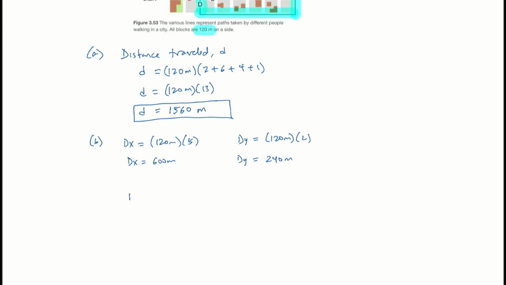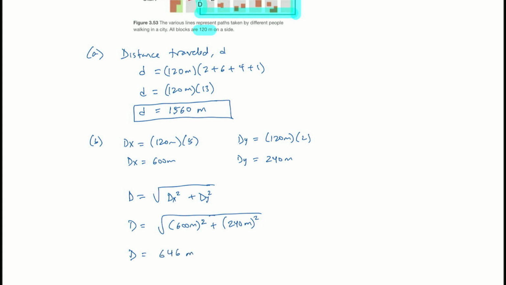Okay, the magnitude of D is the square root of dx squared plus dy squared. So we're going to have 600 meters squared plus 240 meters squared. And so that gives us a displacement of 646 meters.